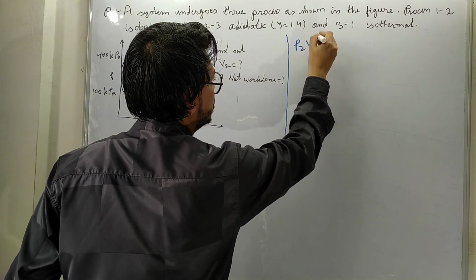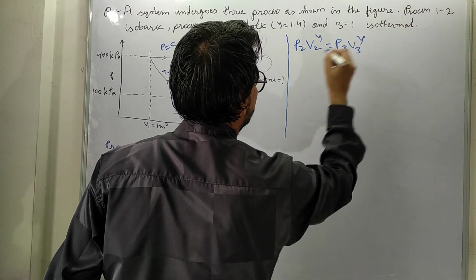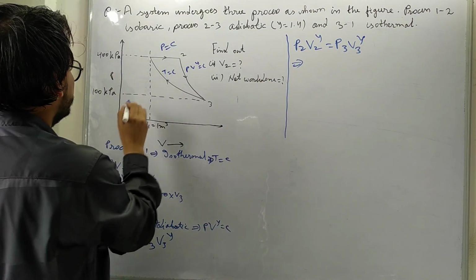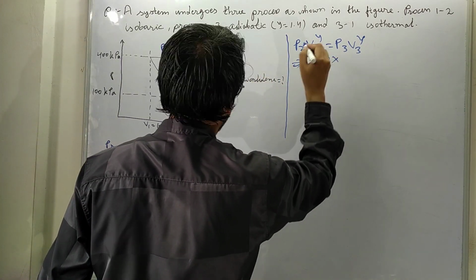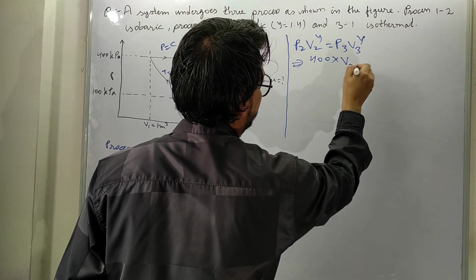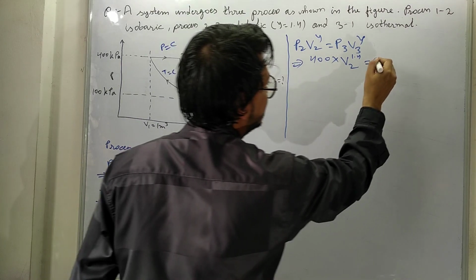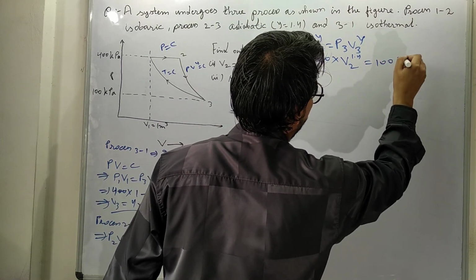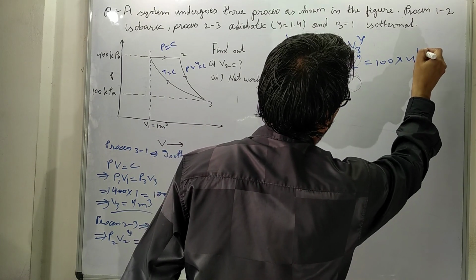The value of P2 is 400 kilopascal. 400 into V2, which we have to find, to the power gamma 1.4, is equal to P3, P3 we have 100, into V3, we have already calculated, it is 4 meter cube, to the power 1.4.